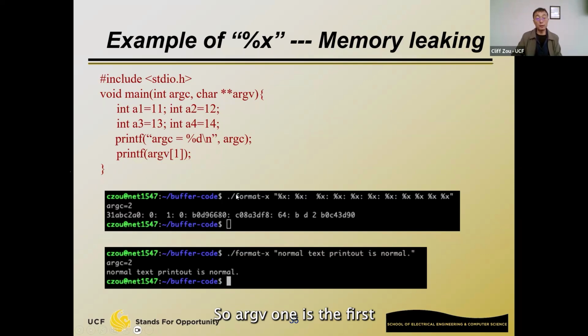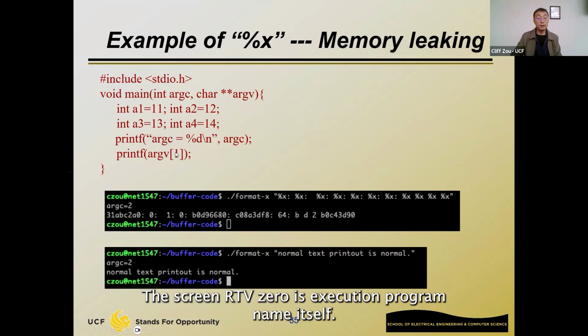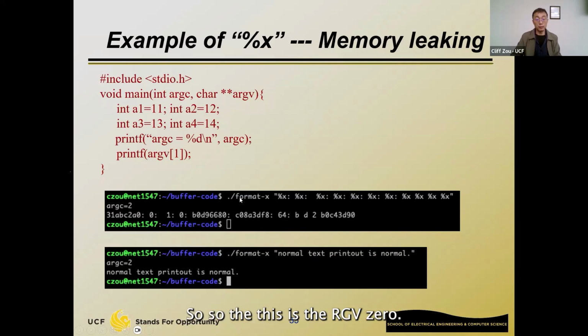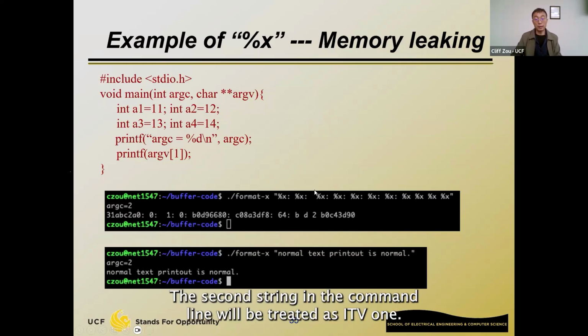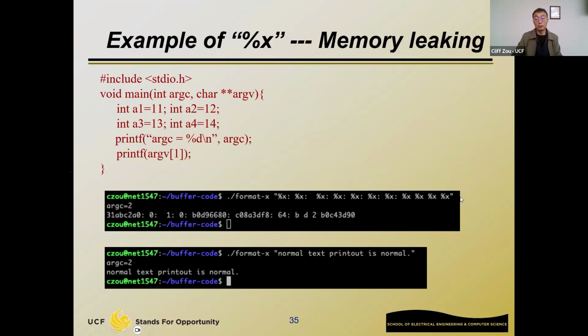So argv1 is the first command line string, the supplied string. argv0 is the execution program name itself. So this is the argv0. The second string in the command line will be treated as argv1. The third string will be treated as argv2.